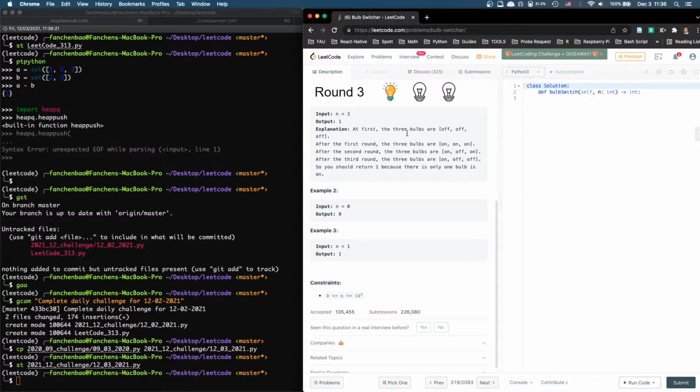And then the fourth round, the fourth one, toggle back. And the fifth round, so 5 shall equal to 2. Let's see if I understand this question right. Yep. All right, hold on, I'll be back.